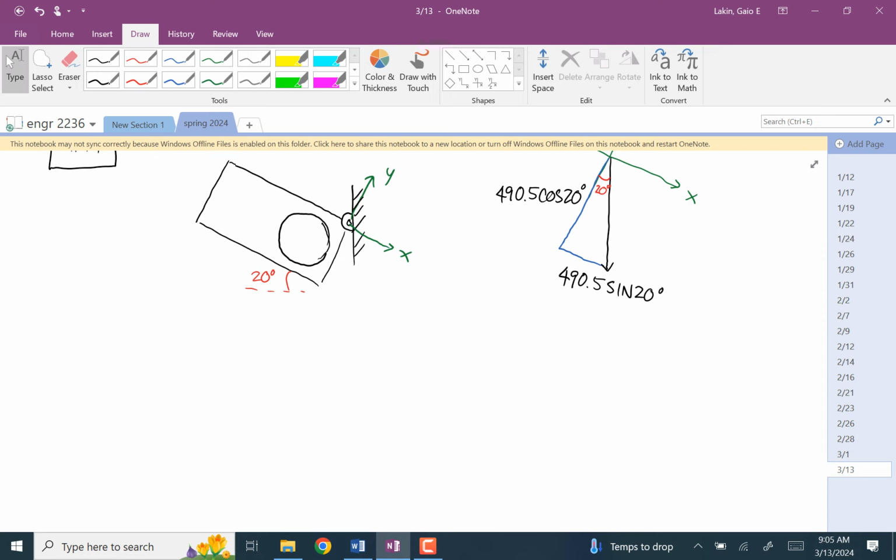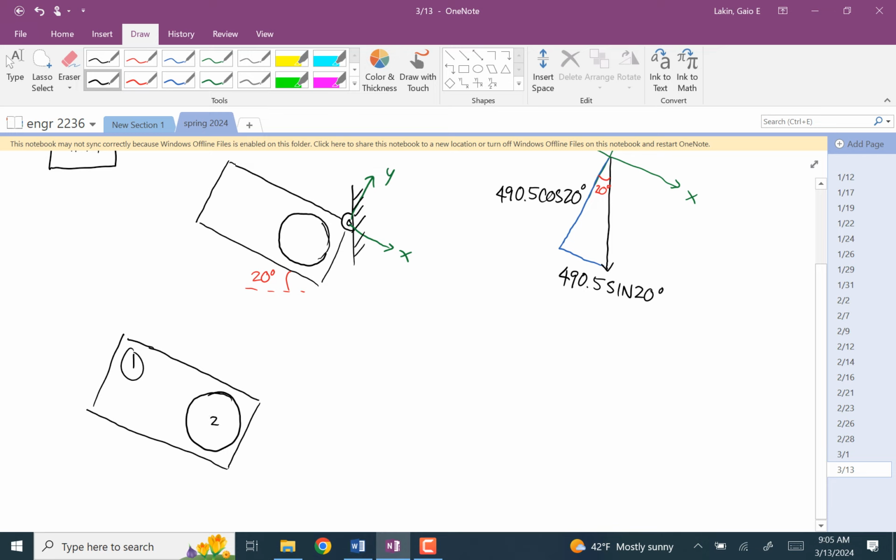And so now you have to figure out the centroid of this thing in order to know where the weight goes. I'm going to start with a rectangle. I'll call that body 1, and then I'm going to remove the circle. That's body 2.